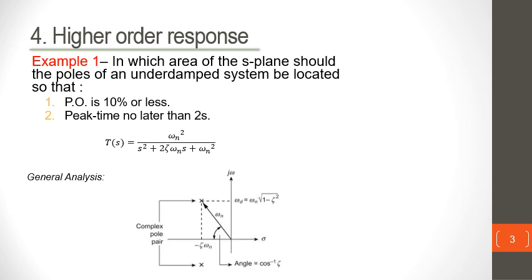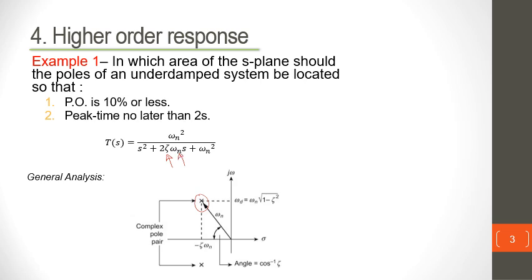And in general, we have learned from studying second order systems that the location of the poles themselves is related to the parameter of the damping factor as well as the natural frequency.